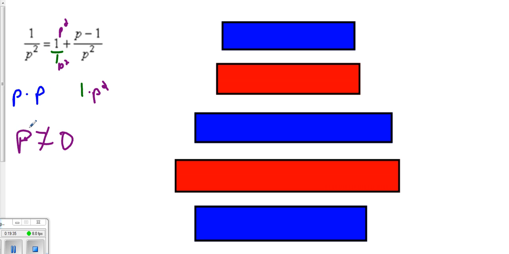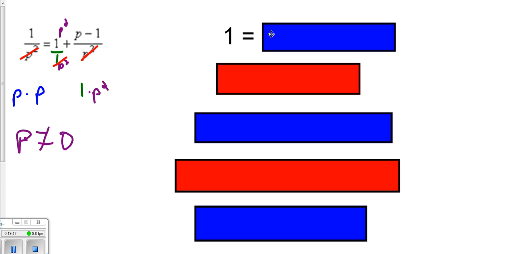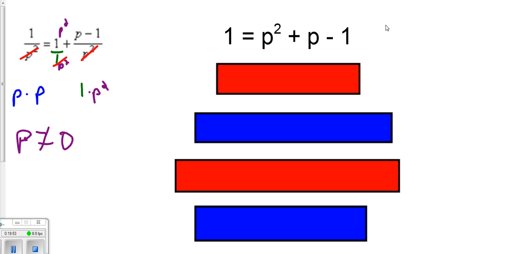That would make our denominator 0, and we can't do that. So now that we have p squared on all three of our denominators, we can cancel it out, and we're just left with 1 equals 1 times p squared, which is p squared plus p minus 1. This is now the equation we need to solve.